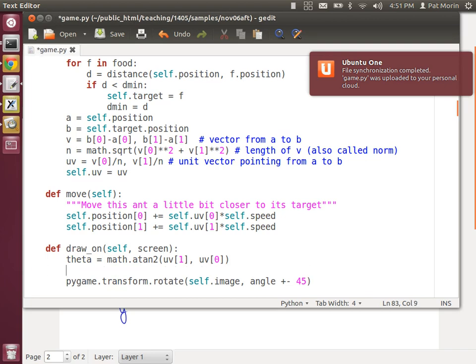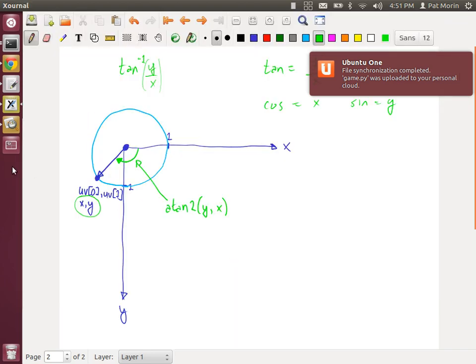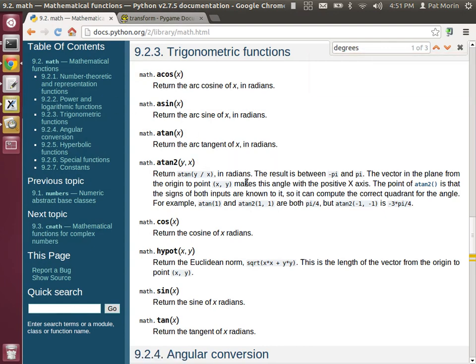So now what do we do? We just plug this into the transform rotate? Yeah. You convert it to degrees. Aha, good catch. Going back and looking at the documentation, atan2's first line says it returns this in radians.